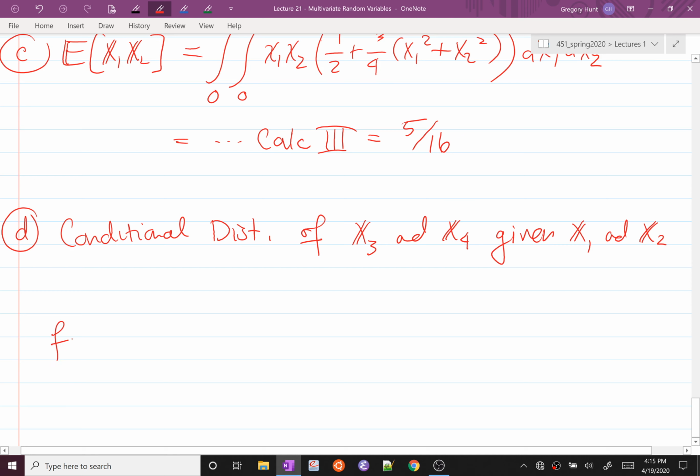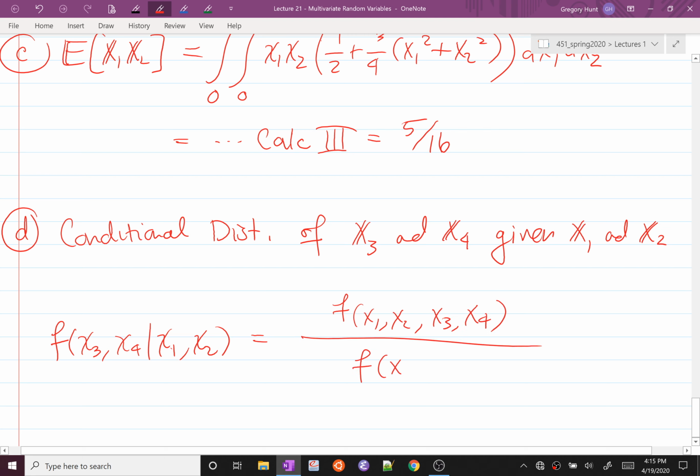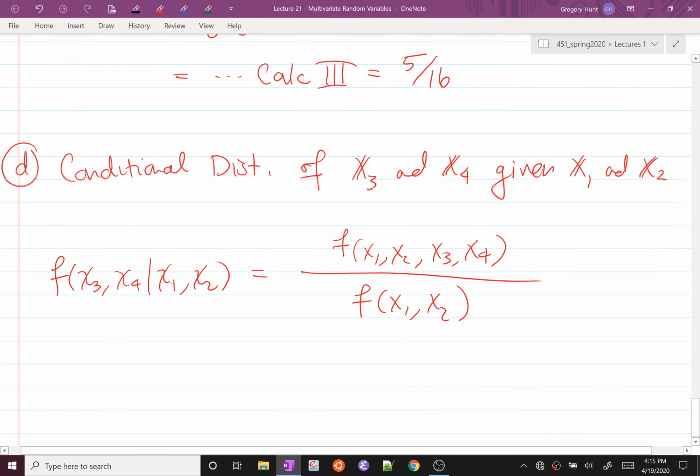And from our definition, if we want f of x3 and x4 given x1 and x2, so what is the density of x3 and x4 if I know the values? Little x1 is little x1 and x2 is little x2. Our definition was that this is the joint of all of them over the marginal of x1 and x2.